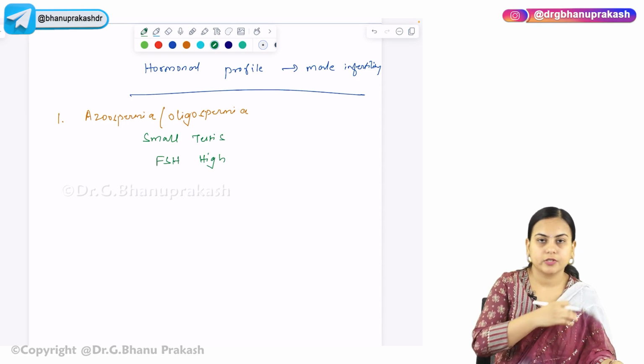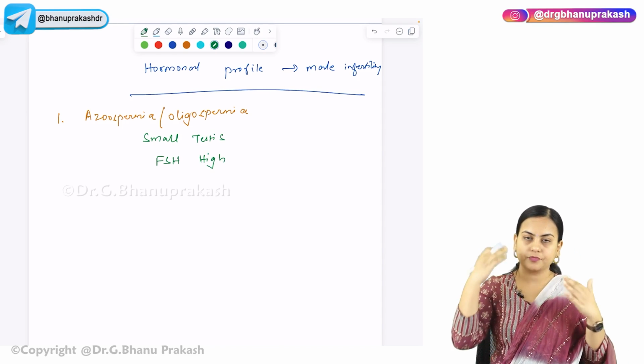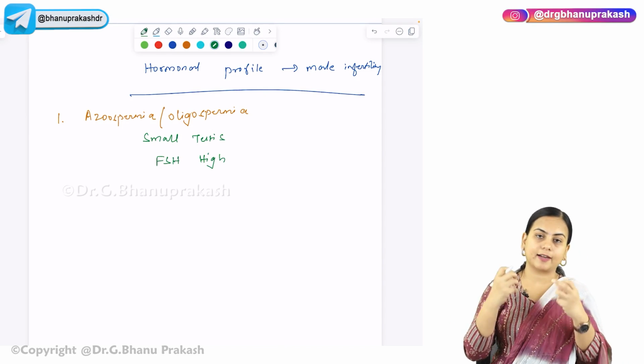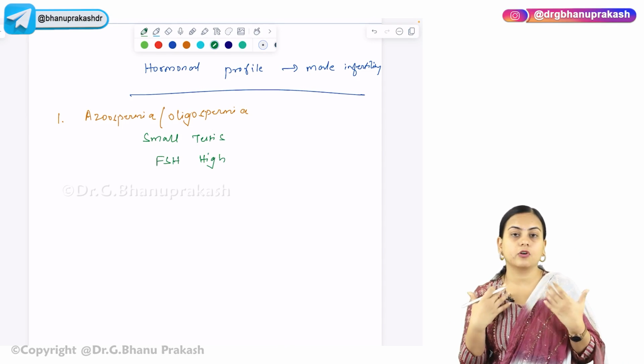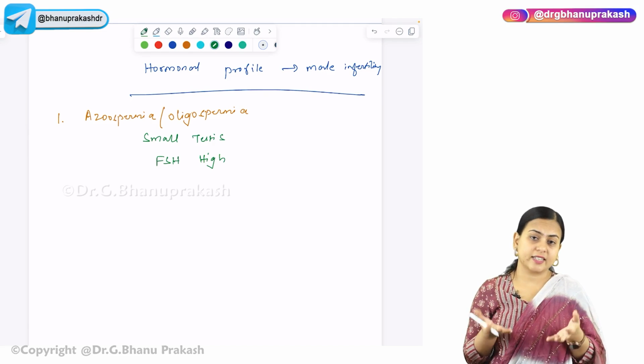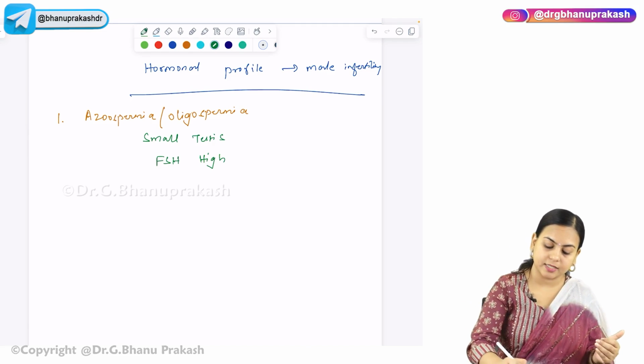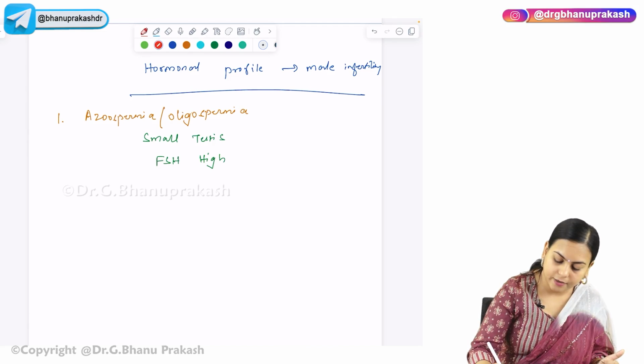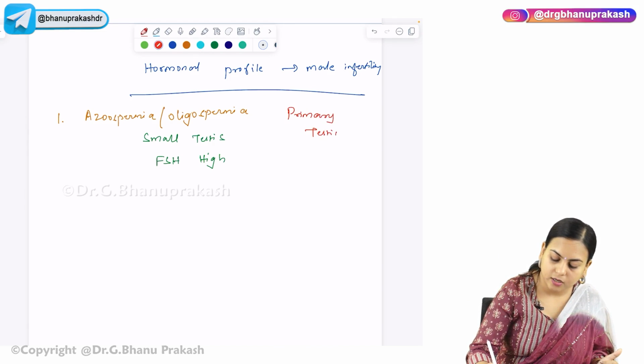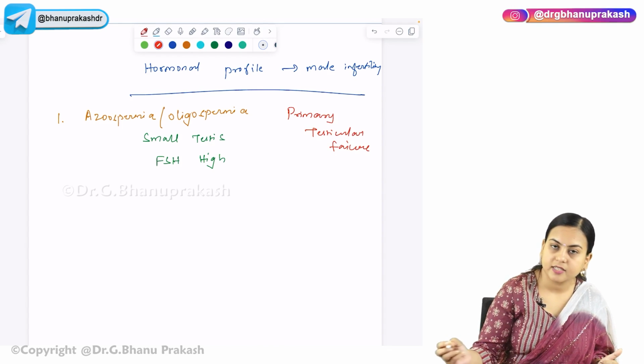So, what do you suspect in this case? Because the gonadotropins are trying to act more and stimulate the testis, which is not responding now here. It is the testis which is not responding. So, that means the patient is having primary testicular failure. Can you understand me?